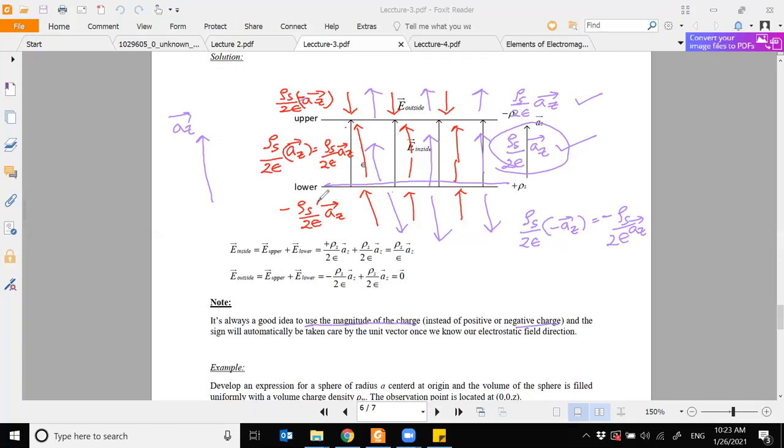And here also, let the unit vector decide, not your charge. So here it will be rho S over 2 epsilon times minus Az, and here also rho S over 2 epsilon times minus Az.